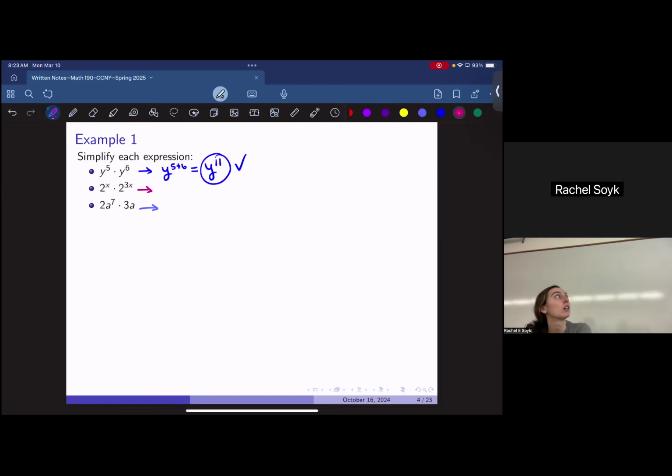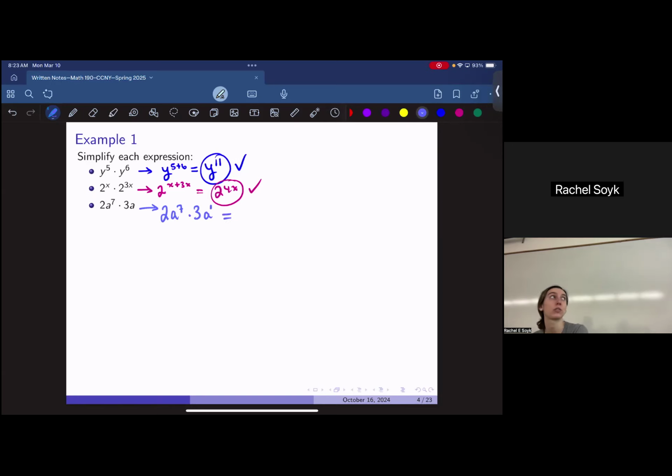Okay. 2 to the x times 2 to the 3x gives us? Good. 2 to the 4x. And then our last one, we have 2a to the 7th times 3a. Well, 3a is the same as 3a to the 1st.